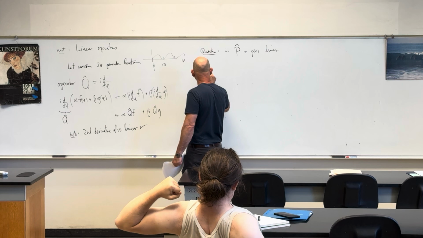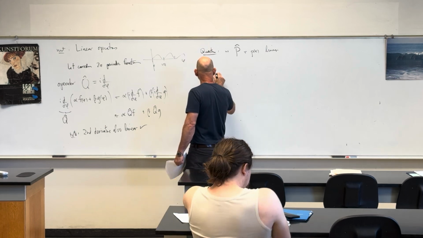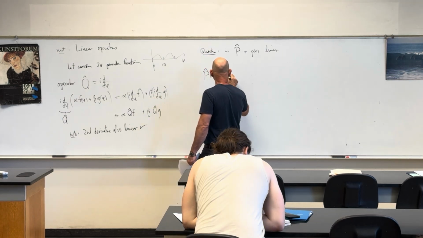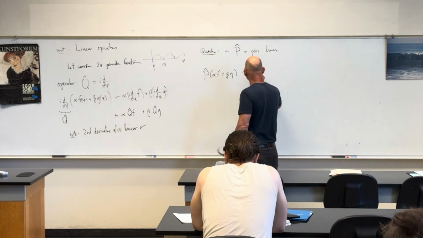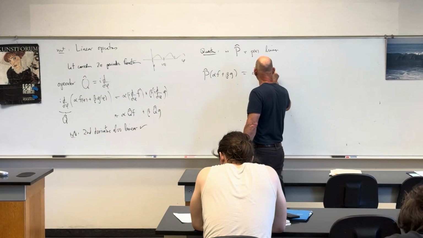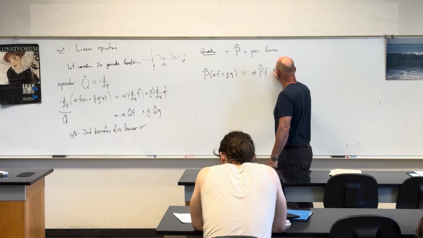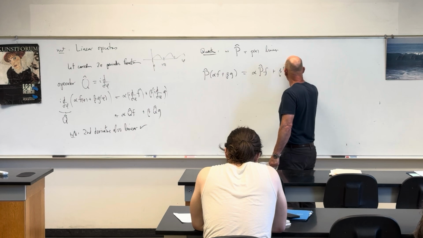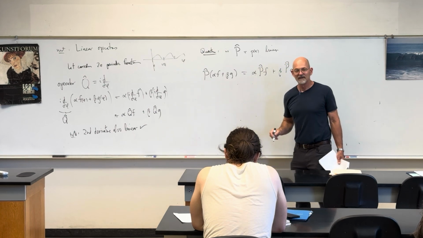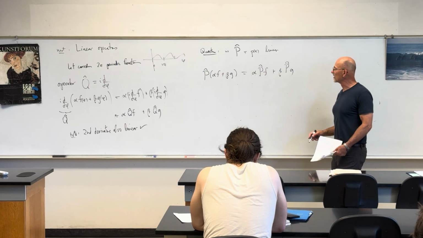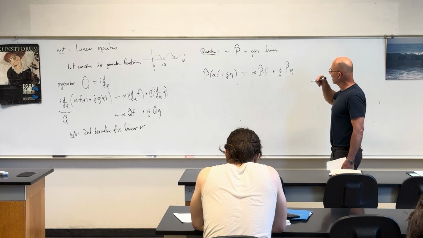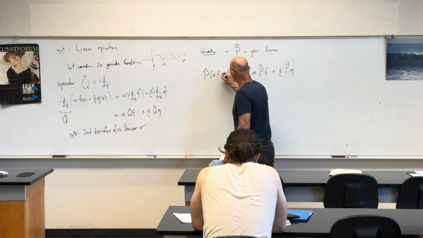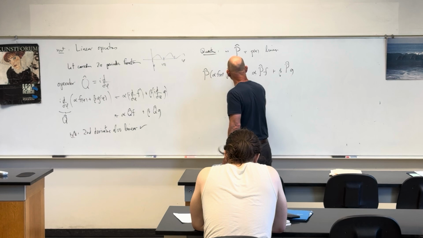What we have to say is p hat of alpha f plus beta g is equal to alpha p hat f plus beta p hat operating on g. That would be the defining property of linearity. And f and g are functions of x.